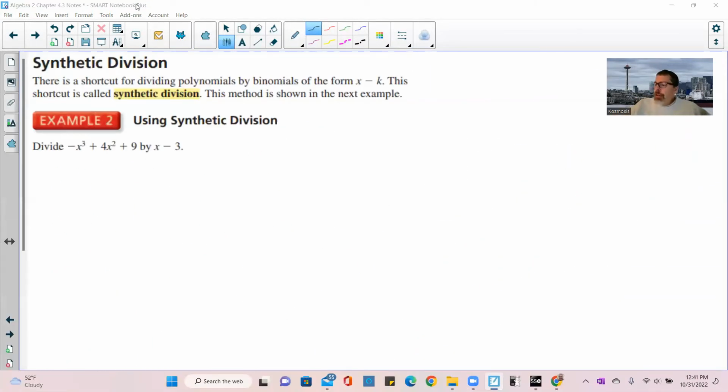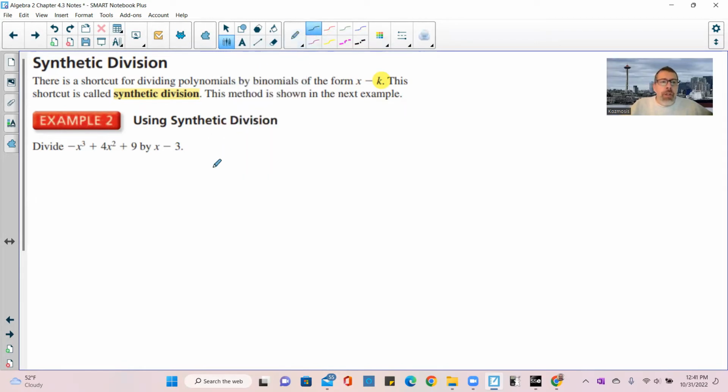Okay, so now you're going to get an introduction to synthetic division. With synthetic division you're going to get the same results as you did with long division, but we're just going to focus on k. Let me highlight that. We're going to focus on k, and on the coefficients of our f of x.